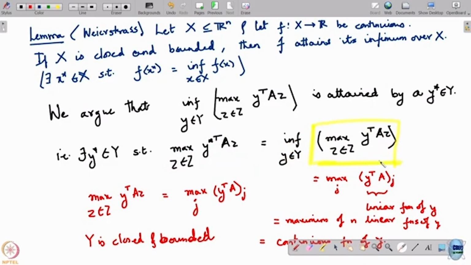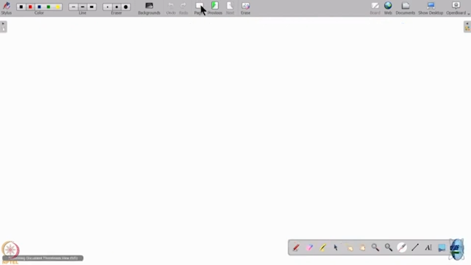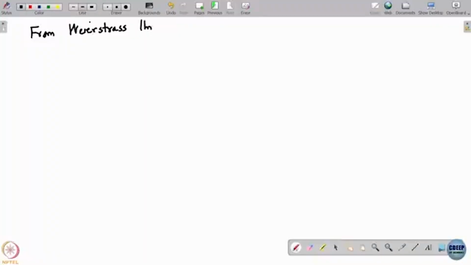So in short, from Weierstrass theorem, we have that there exists a security strategy.